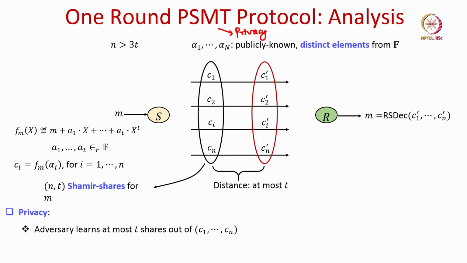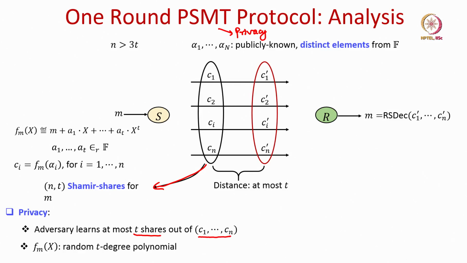So, how much information adversary learns in this protocol? Imagine adversary sits over the first t channels, or it could be any t channels. It learns t shares from this vector of length n. Now, what is this vector? This vector is a collection of Shamir shares.